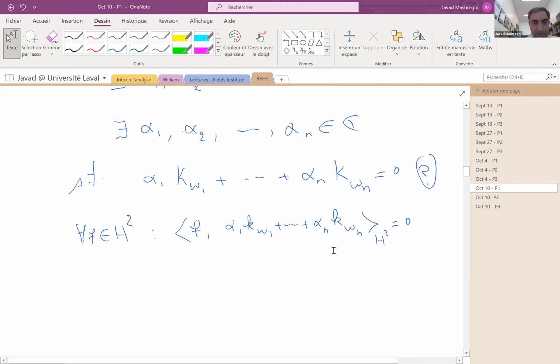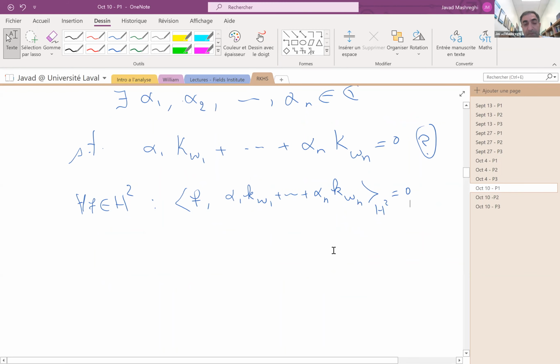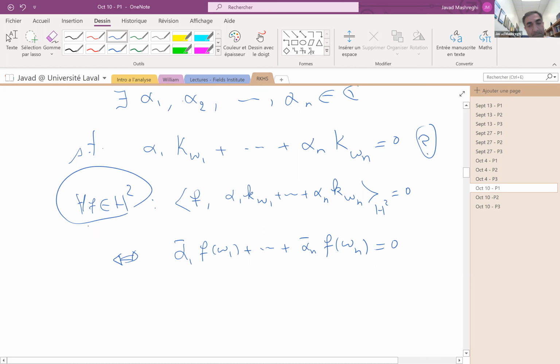And now if we apply the meaning of KW1 up to KWN, this is equivalent to saying that alpha 1 bar f at point W1 plus up to alpha n bar f at point Wn equals 0 for every f.